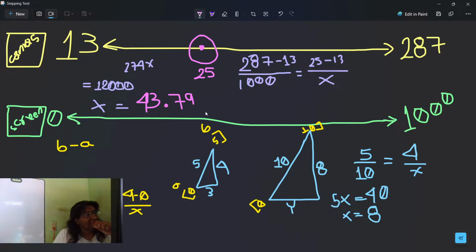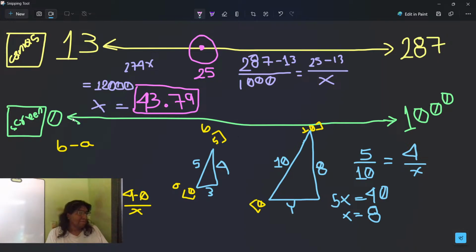I don't think this is correct, but perhaps it is, because 30 is 0, so 25 is 43. These are very close, you know. 13 to 25, there are only 12 units in reality, and in here they are 43 units.